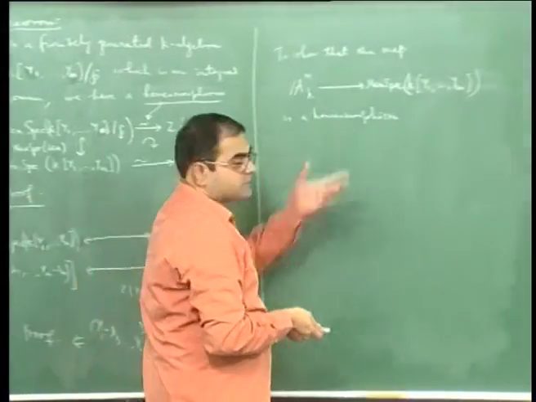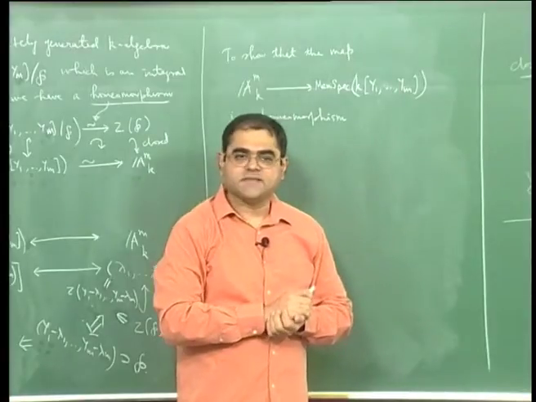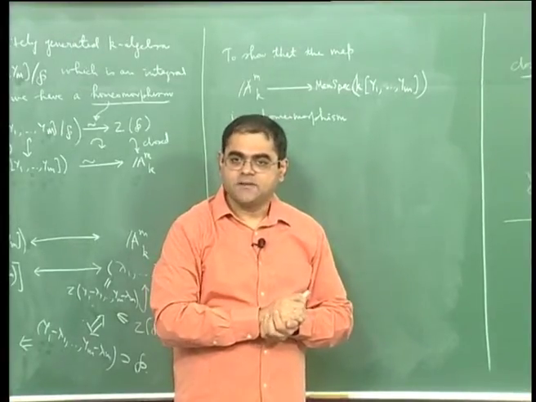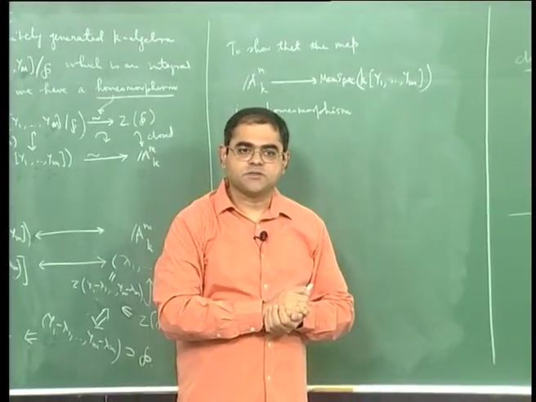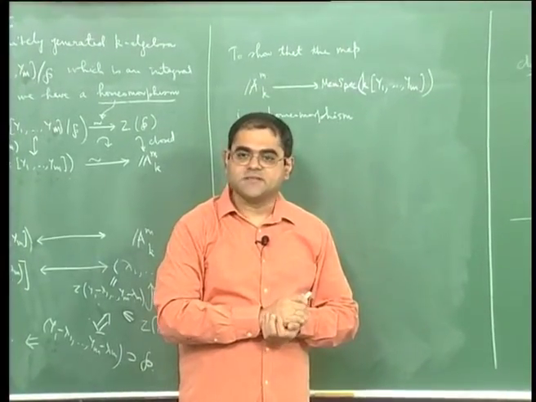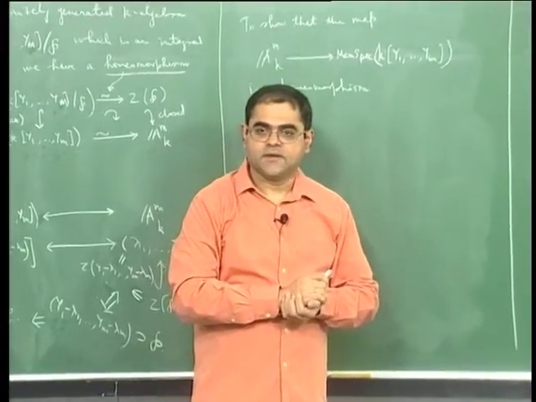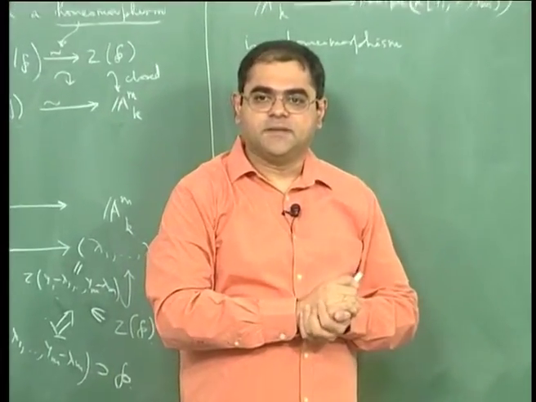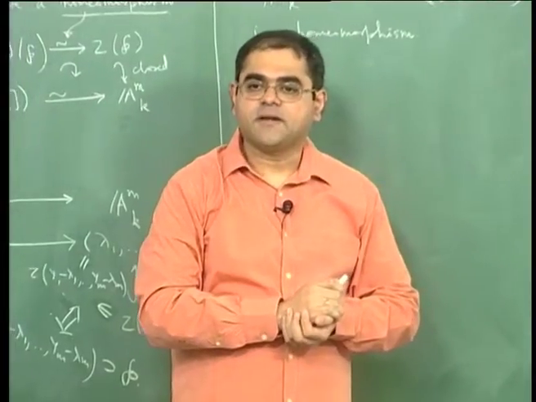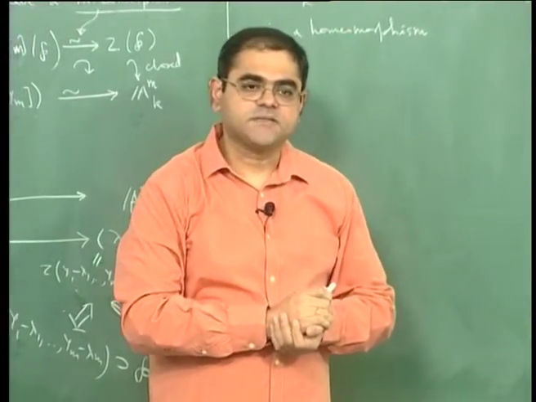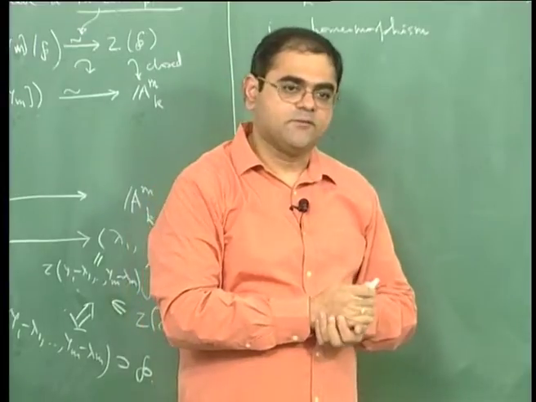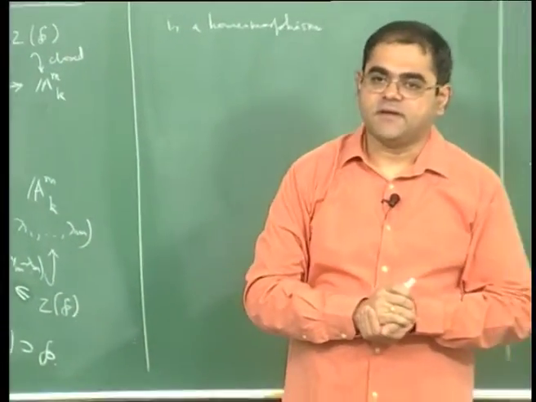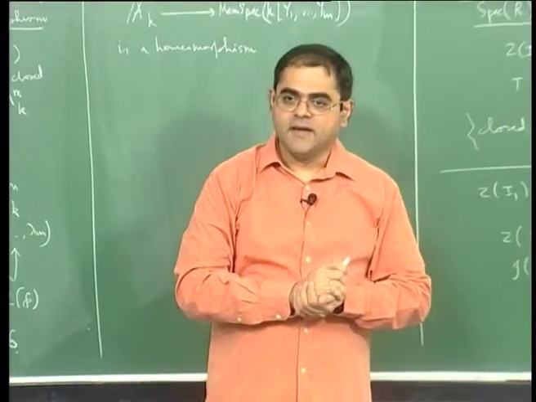So how do I show something is a homeomorphism? I will just have to show that it is already a bijective map. One way of showing that it is a homeomorphism is to show that both the map and its inverse are closed, okay. The condition for a map to be continuous is that the inverse image of every open set is open, and that is also equivalent to requiring that the inverse image of every closed set is closed, okay.